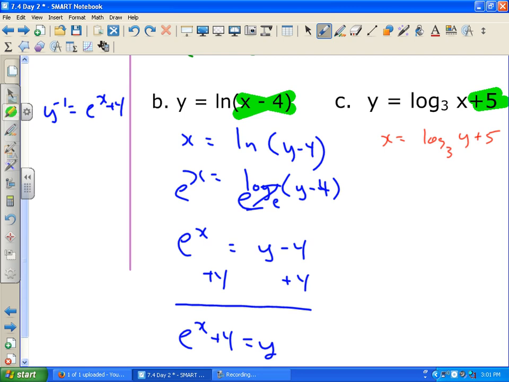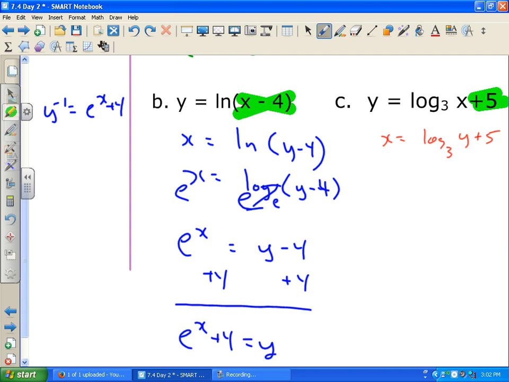If the positive 5 was connected to the x, they would have put it in parentheses. So again, make sure you're clear on B and C. Letter B, parentheses, with the quantity x minus 4. So I had to get rid of the log first. Letter C, the positive 5 is not attached to the log.